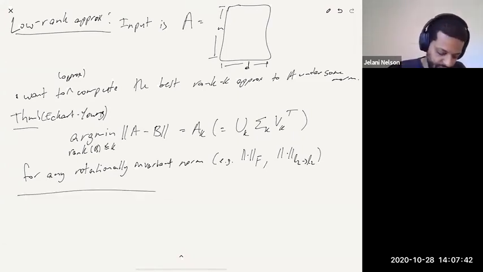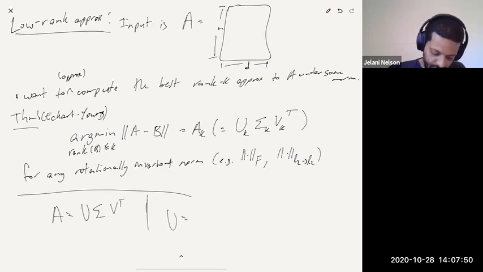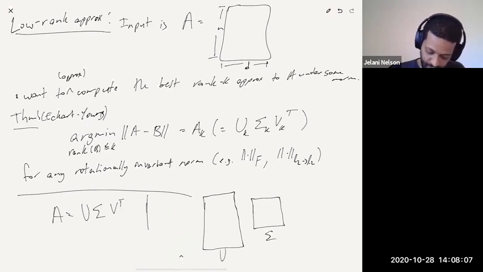Remember, we can write the SVD: A is equal to U sigma V transpose, where U is this matrix, sigma is some matrix like this, and V is some other matrix.